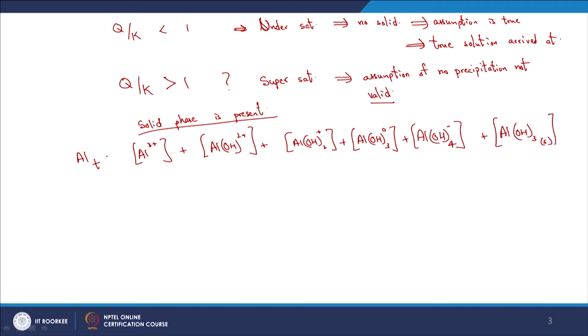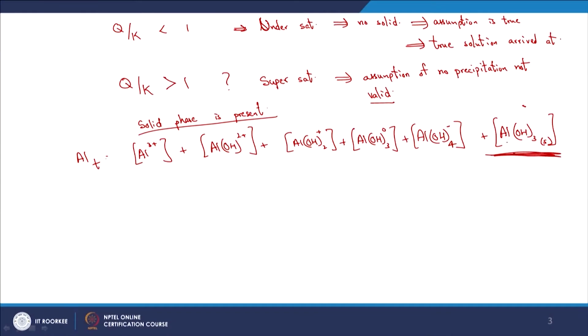So here we are going to have a new term. And why is that? Because Q by K is greater than 1 based on your assumption earlier, and that means your previous case is not valid anymore. So now you know that a solid will be formed, and thus you have a new term for the concentration of solid. What are the units of this solid?